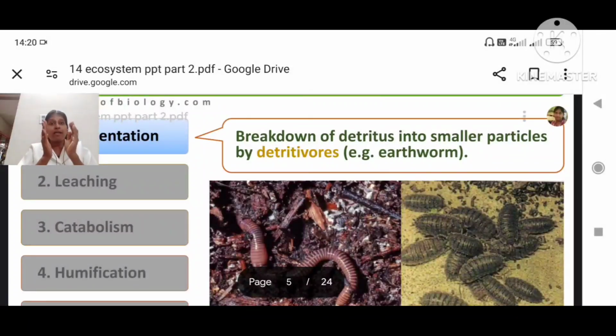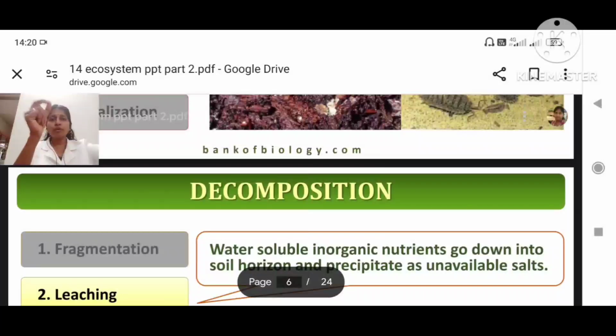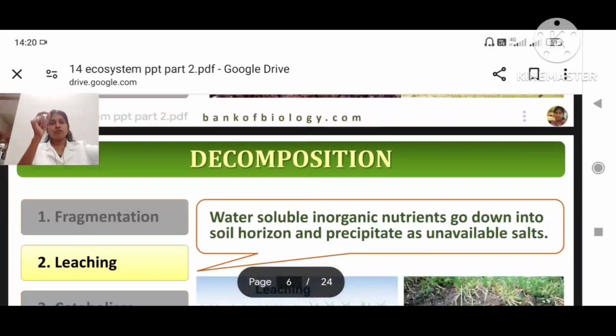That process we call fragmentation, where the detritus, which is complex in nature, is broken down into small particles. Earthworms play a major role in this, making them into very small pieces, some microscopic, some macroscopic.